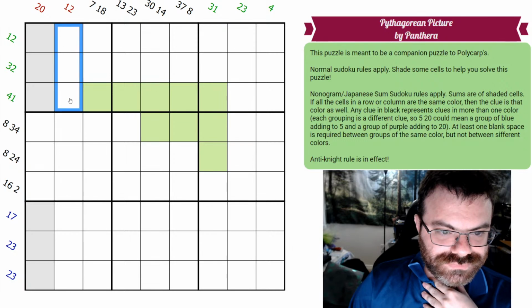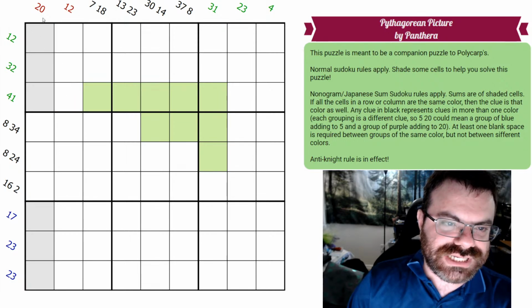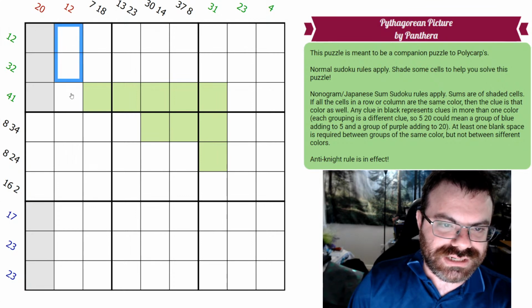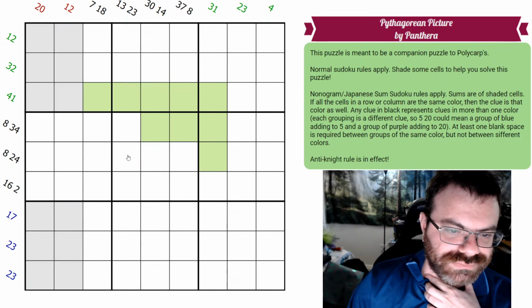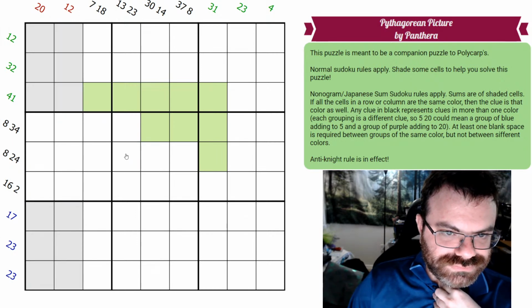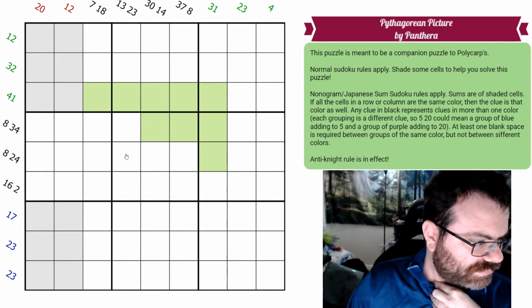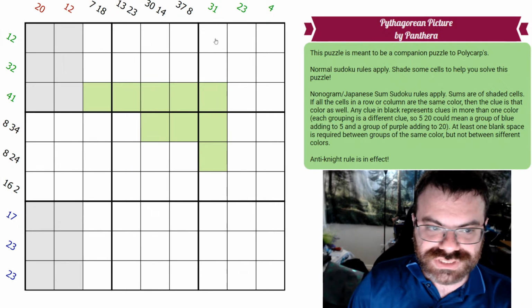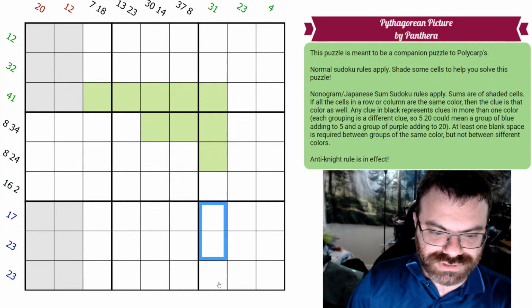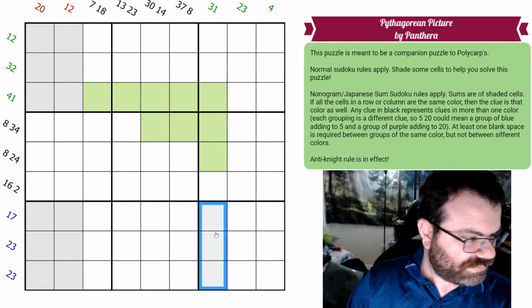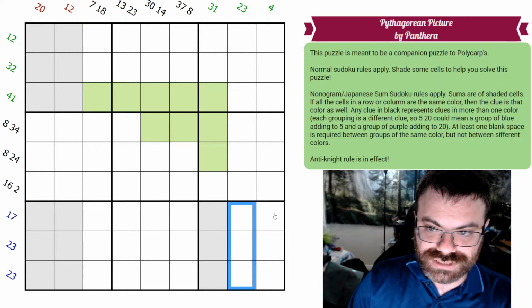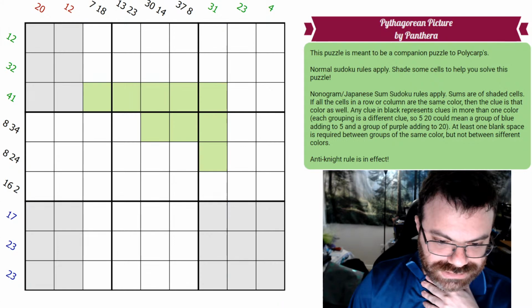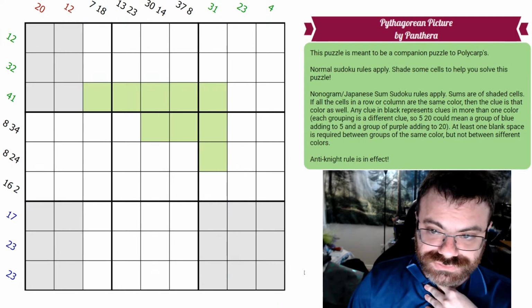Is it basically any intersection of two singular clues that disagree on color must be unshaded? So this singular 31 would disagree with all of these clues. This singular 23 and this 4 all disagree with these clues. So that highly limits things.